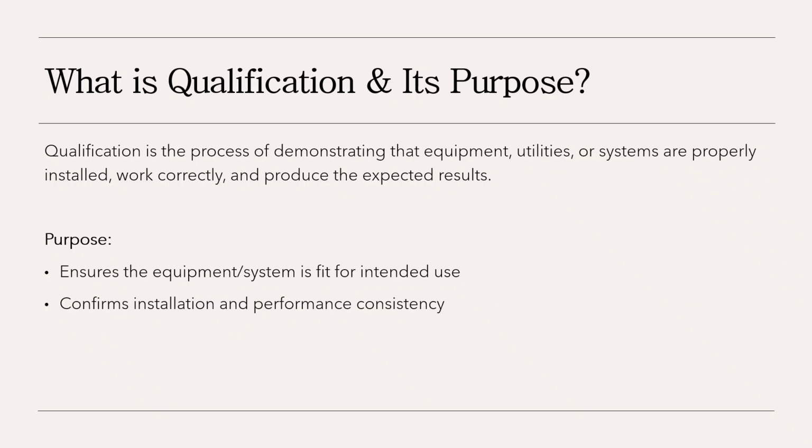Basically, qualification verifies that the system has been installed correctly and operates consistently under normal working conditions. Next, it provides the documented evidence for GxP compliance. So qualification ensures all qualification activities are recorded, creating traceable proof that the system meets GxP and regulatory expectations.